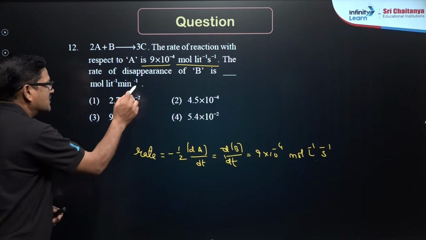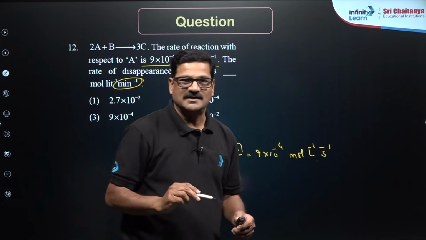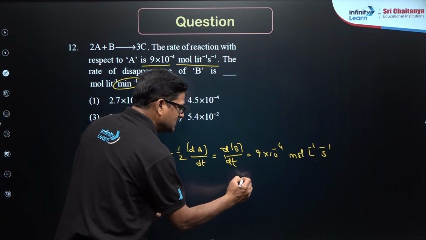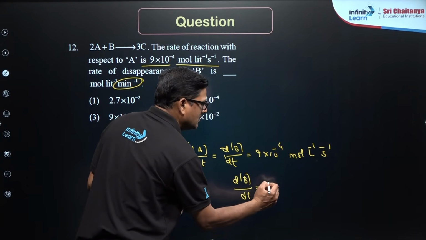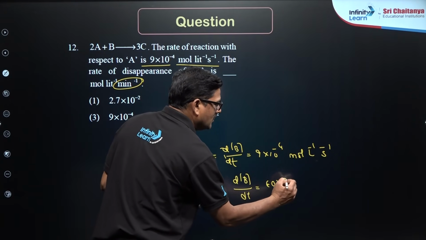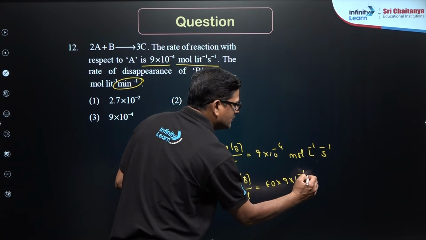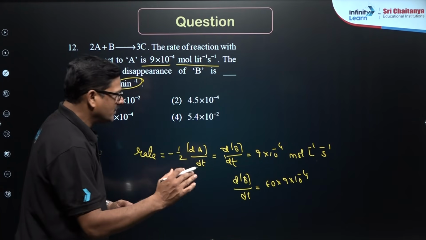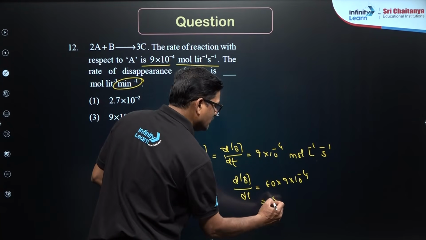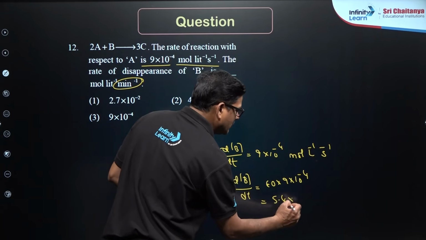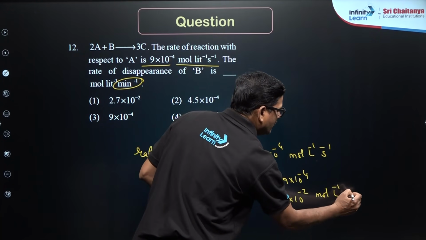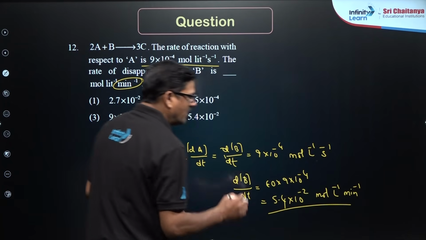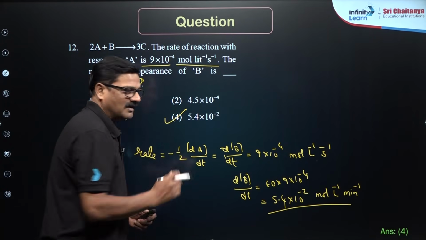Now, the question is asked for minute inverse. So, dB by dt is going to be 60 into 9 into 10 raised to negative 4. On doing so, you are going to get 5.4 into 10 raised to negative 2 mol liter inverse minute inverse. So, option 4 is the correct answer for this question.